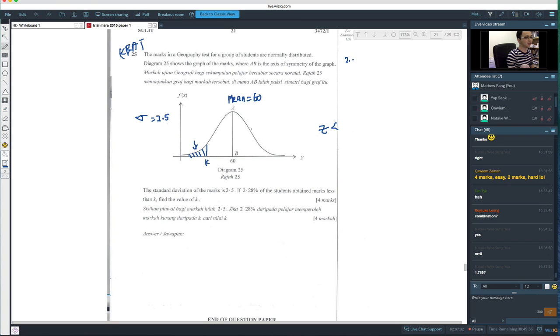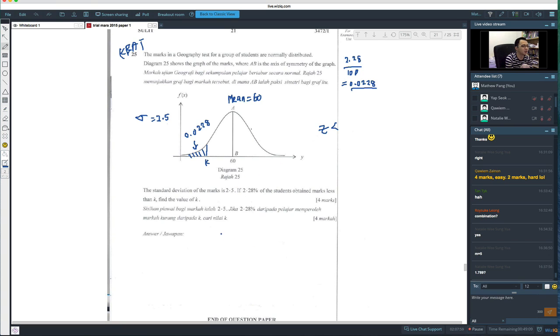If I change it into a probability, I need to divide by 100. Because percentage and probability are highly related, I change the percentage into probability, which is 0.0228.